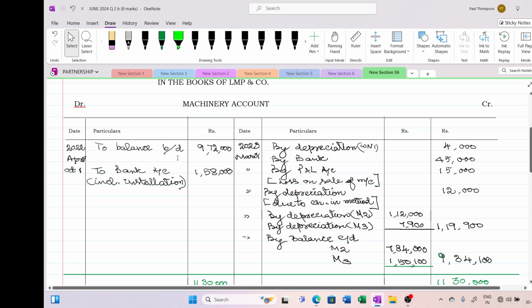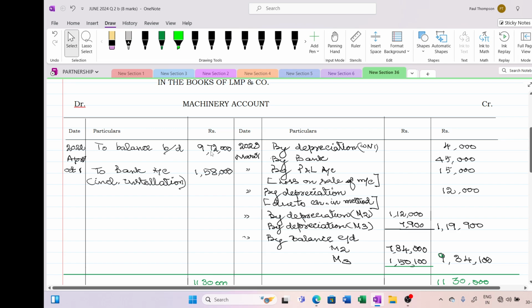So now this is the balance brought down. They have given 9,72,000, and on October 1, 2022, another new machine has come for 1,58,000 along with installation charges.